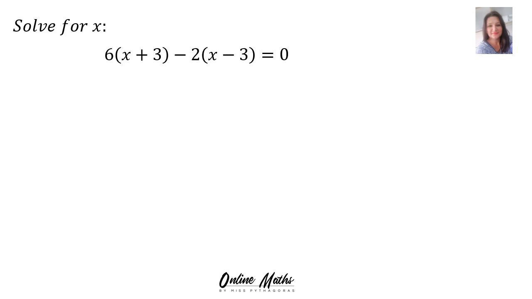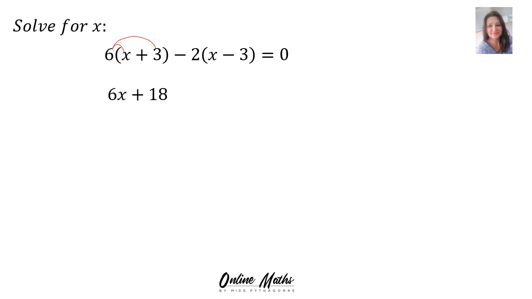Solve for x. Again, there's your equation, and now there's two brackets that you have to get rid of by saying 6 times x and 6 times 3 leaves you with 6x plus 18.